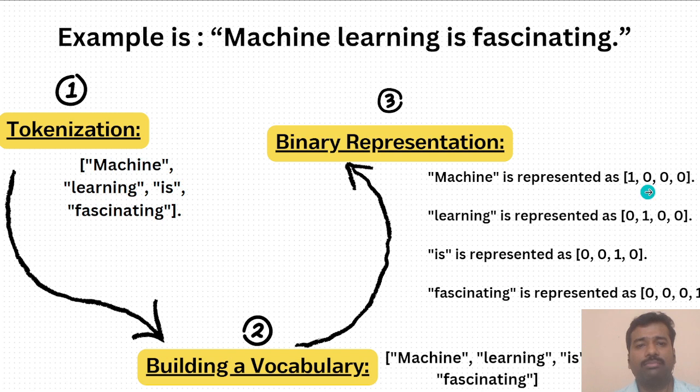For example, machine is represented by 1, 0, 0, 0. Learning is represented as 0, 1, 0, 0. Is is represented as 0, 0, 1, 0. Fascinating is represented as 0, 0, 0, 1. So it is the most common method, or we can say the simplest method, to convert your words into numerical form.